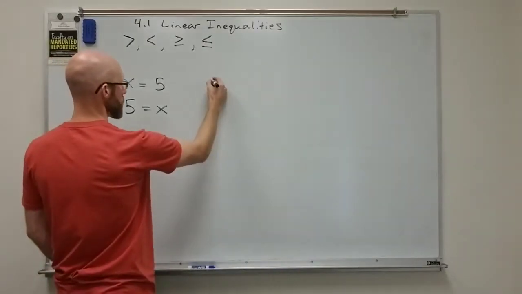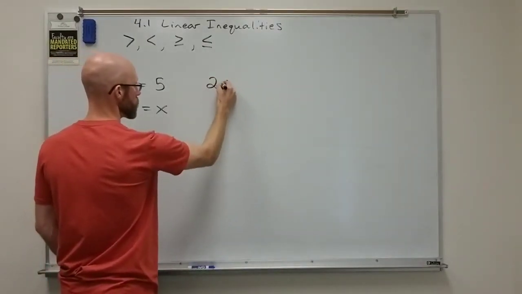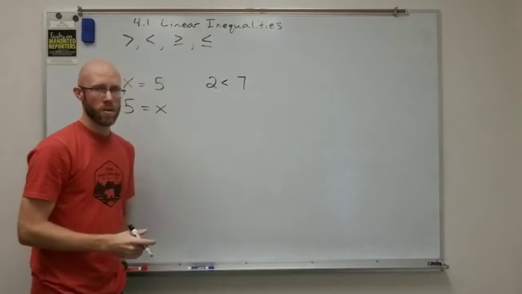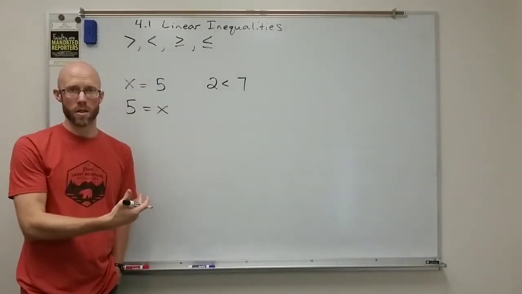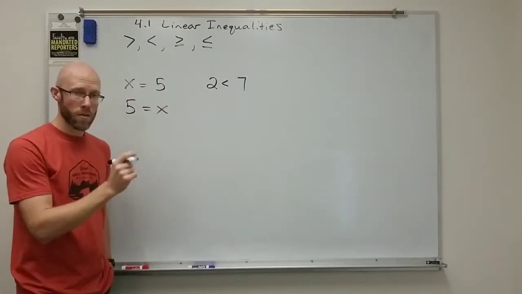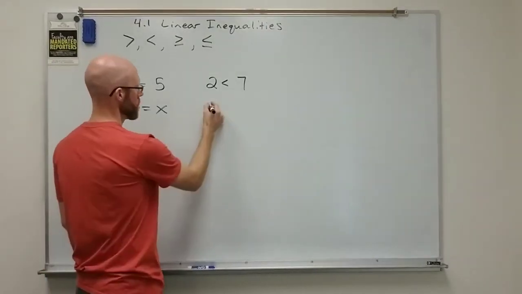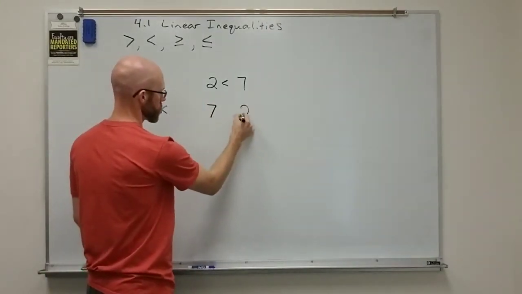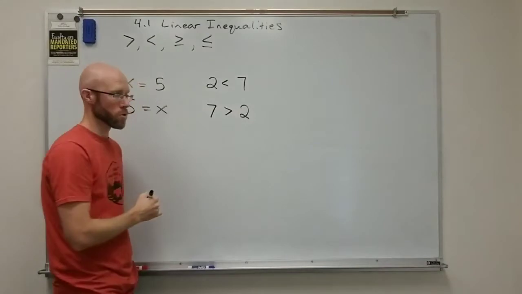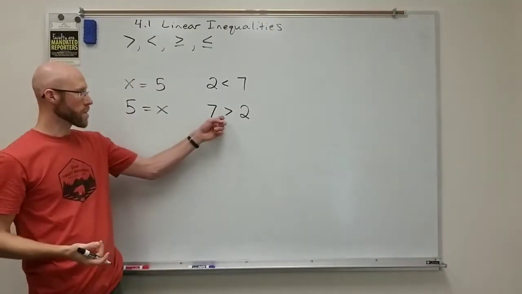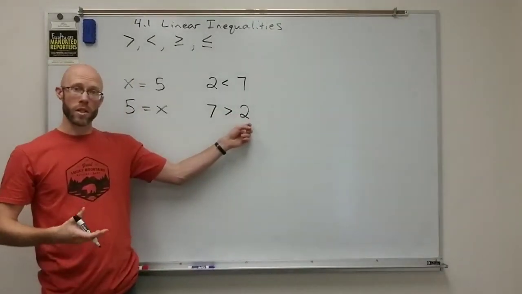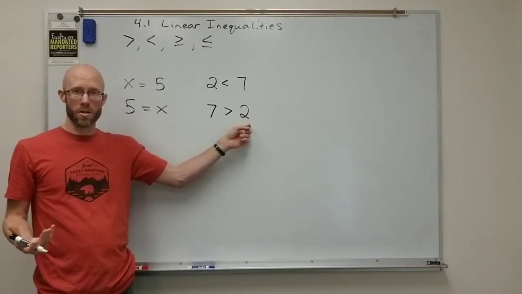If you take the inequality 2 is less than 7, well, we know 2 is less than 7, right? It's to the left on the number line. But if you interchange the order there, it changes the inequality symbol to a greater than, right? 7 is greater than 2.